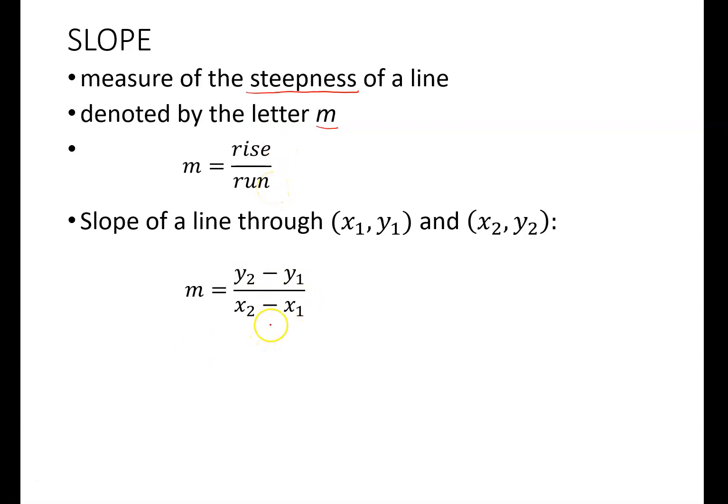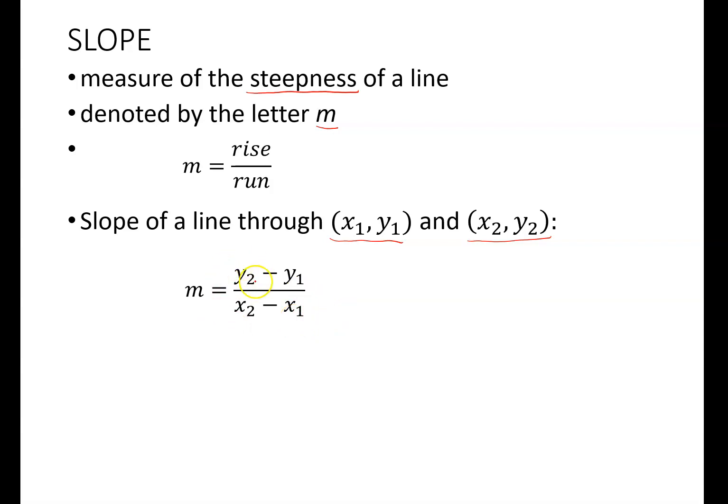And then on this slide, you also see a formula to find the slope whenever you are given two ordered pairs. You will just substitute into the formula to find the slope. If you can remember that slope is rise over run, that will help you to remember the y's go on the top, because the y's represent the vertical movement, the change in y, and then the change in x represents your run, your horizontal movement.